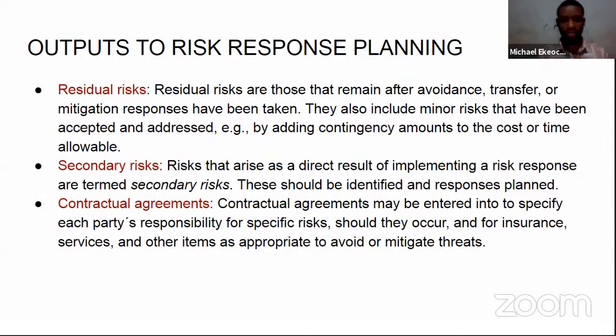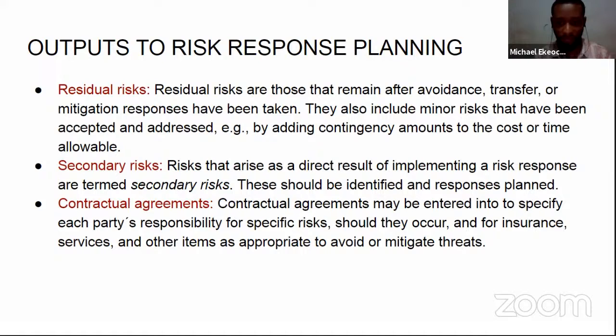You have secondary risks, which are risks that come about as a result of implementing a particular risk response. Maybe you did not foresee them, or maybe you foresaw them and put a secondary plan in place to take care of those secondary risks. So there are risks that arise as a direct result of implementing a risk response and are termed secondary risks.